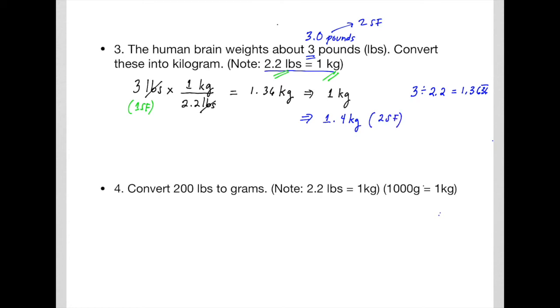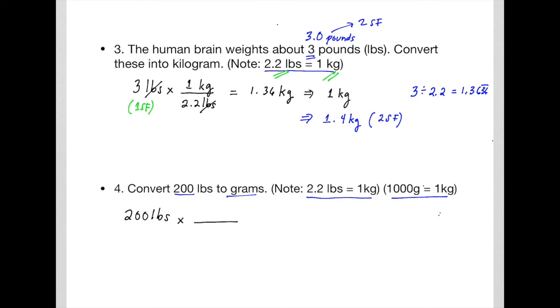Now, how about the second case? Or number 4. Convert 200 pounds to grams. So, here I have my two dimensions. Take note that 2.2 pounds equals 1 kilogram, and 1,000 gram equals 1 kilogram. The very first step that I need to write here is 200 pounds times.